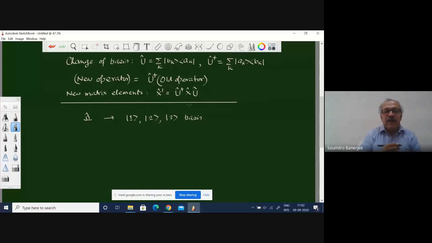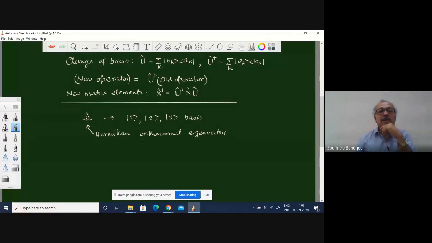Now, earlier we have learned that if lambda is Hermitian, then it has orthonormal eigenvectors, right? A Hermitian operator will have orthogonal eigenvectors, and you can normalize them.